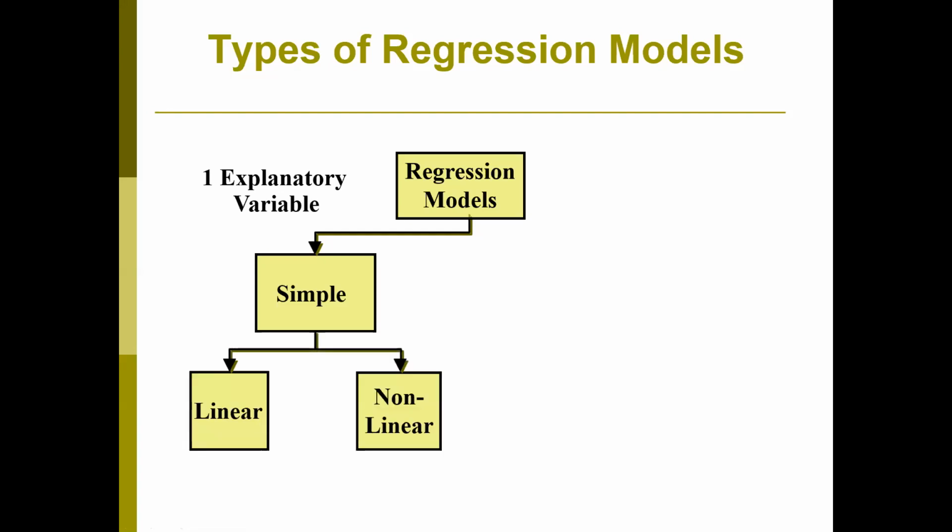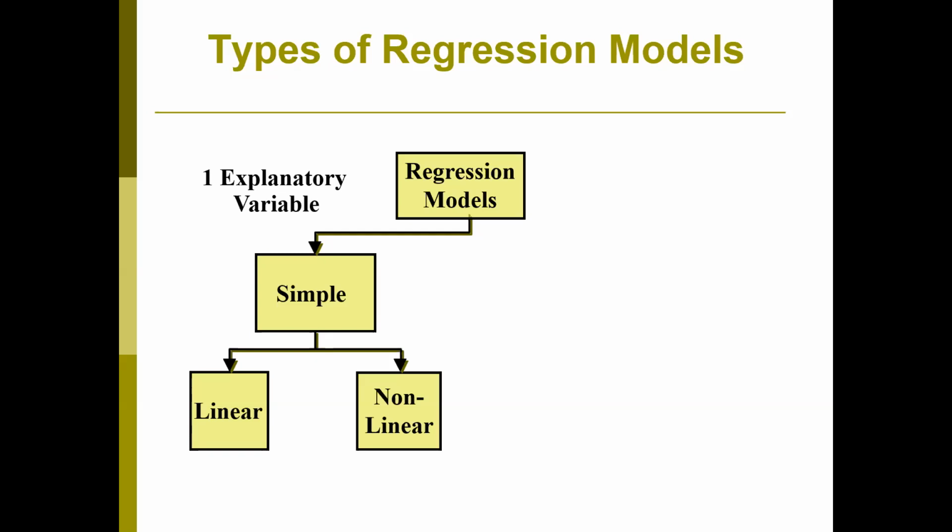Now, a simple regression model could be divided into linear or non-linear. So we could have simple linear regression, we could have simple non-linear regression. Now, what do I mean by simple linear regression? Simple linear regression is where I'm trying to assume a straight line relationship between two variables, where one is a response and the other is a predictor.